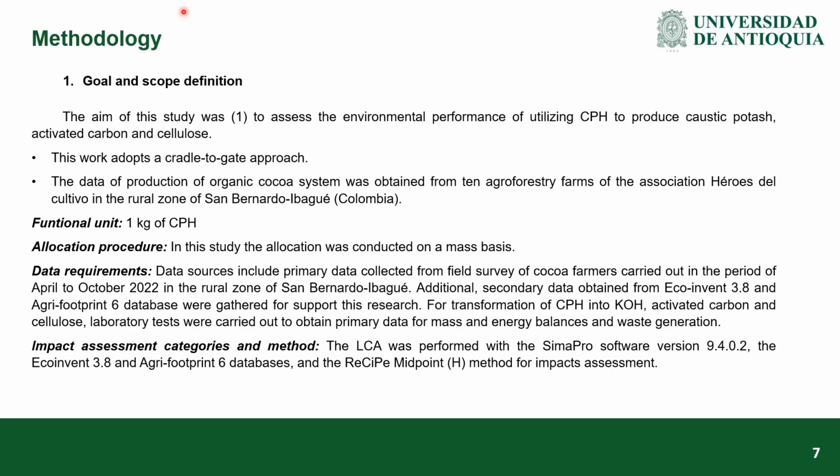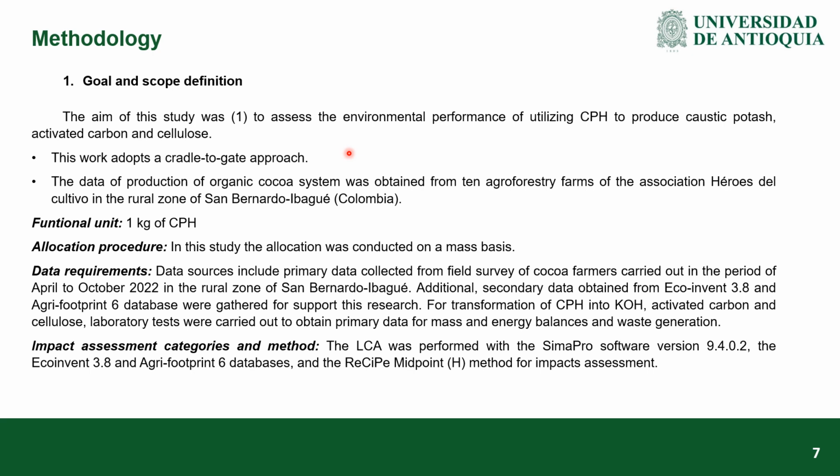For the methodology, the aim of this study was to assess the environmental performance of utilizing CPH to produce caustic potash, activated carbon, and cellulose. The work adopts a cradle-to-gate approach.